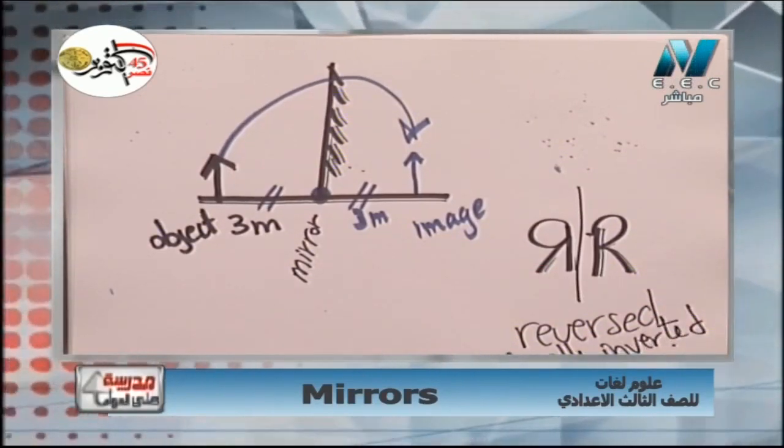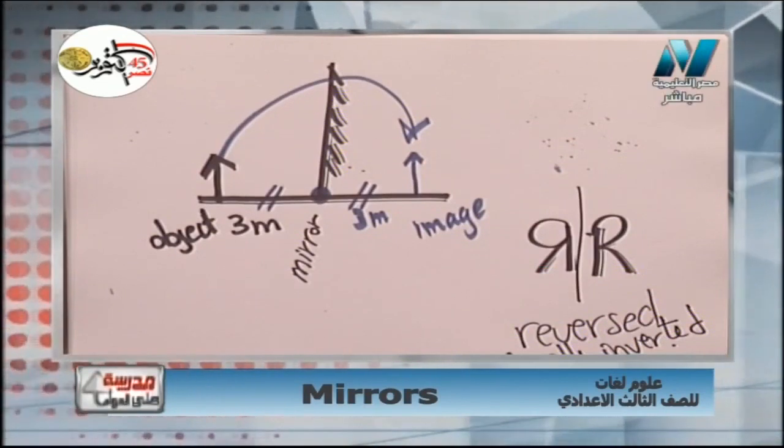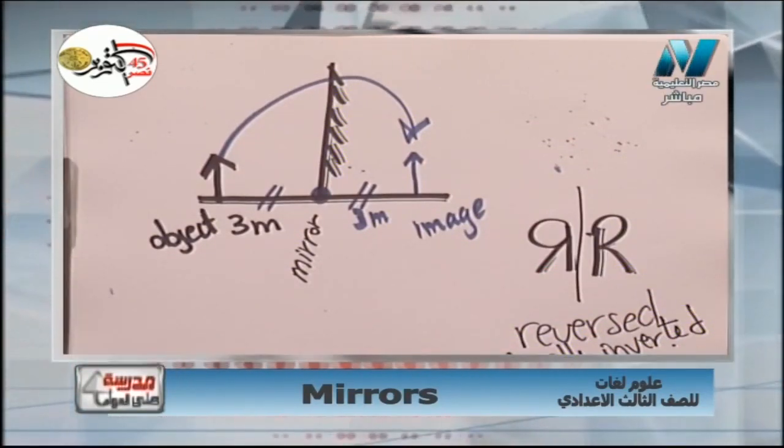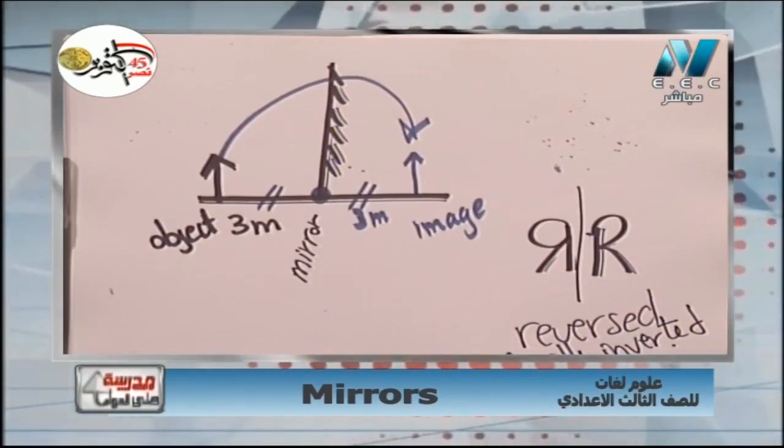Okay, so how many properties do we have for the plane mirror? Let's say it again. The properties of the plane mirror. Number one, the image formed by the plane mirror is equal in size; the object is equal to the size of the image. Number two, the image is virtual. What's meant by virtual?